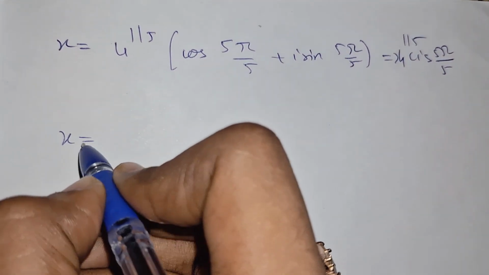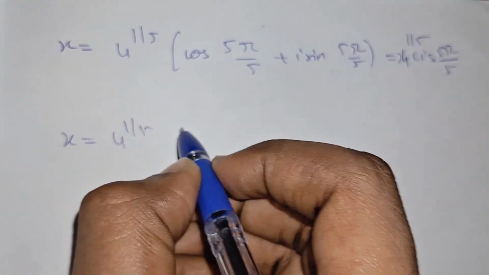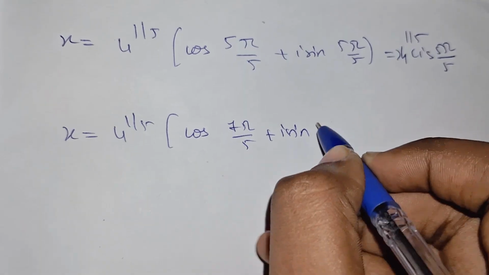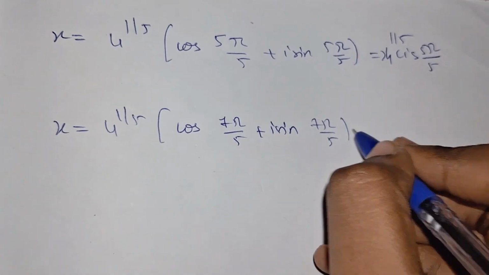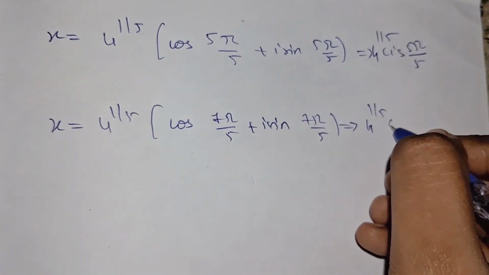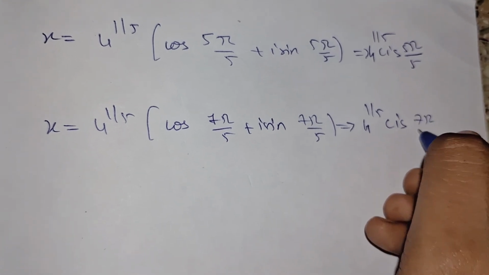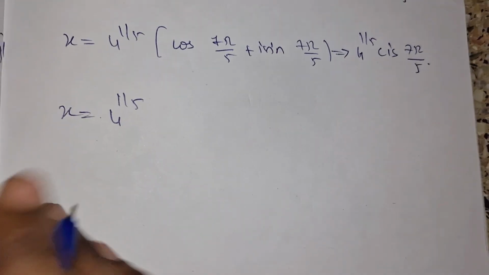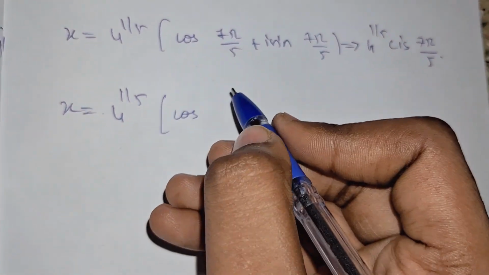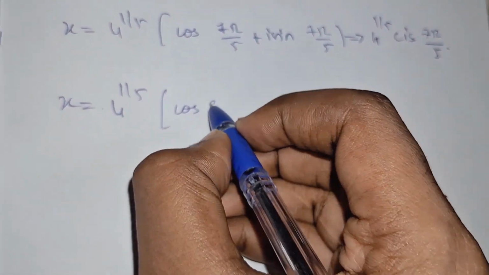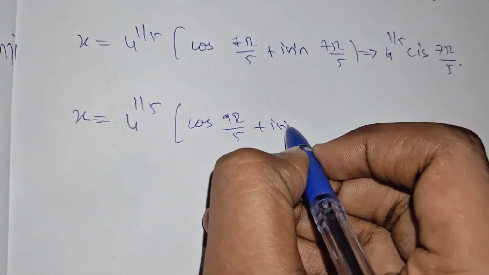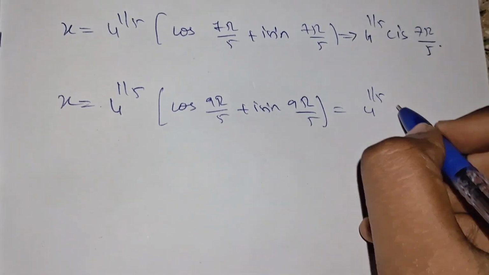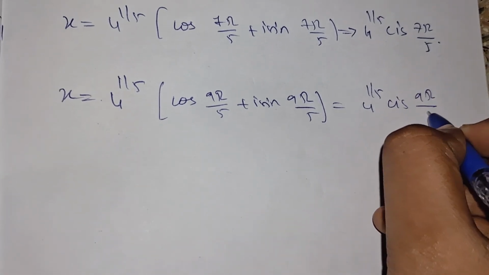In a similar way, when k is equal to 3, 4 to the power 1 by 5 into cos 7 pi by 5 plus i sin 7 pi by 5, which will be 4 to the power 1 by 5 cis 7 pi by 5. And when k is equal to 4, finally we will get cos 9 pi by 5 plus i sin 9 pi by 5, which is 4 to the power 1 by 5 cis 9 pi by 5.